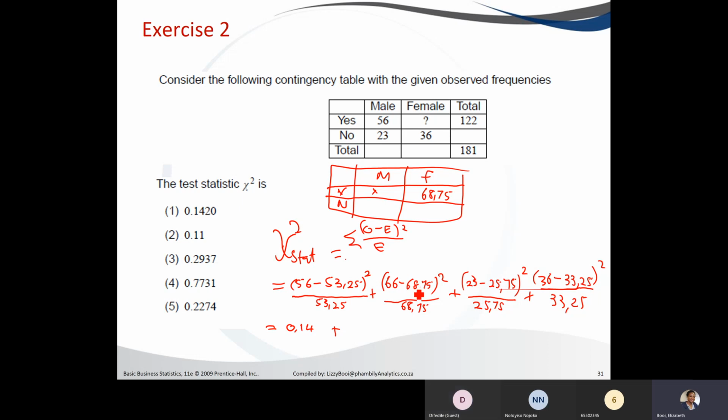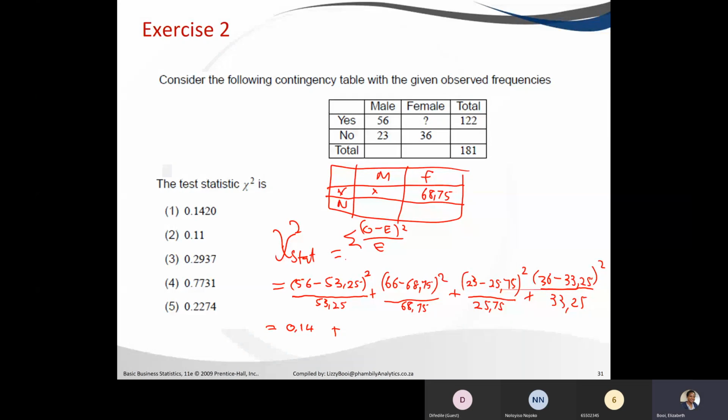66 minus 68.75 squared divided by 68.75. What do you get? Guys, I thought you calculated it. You should be just giving me answers. No answer?